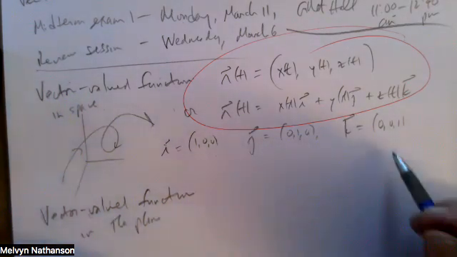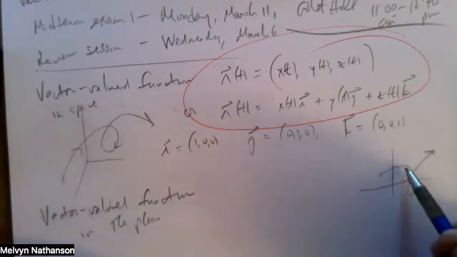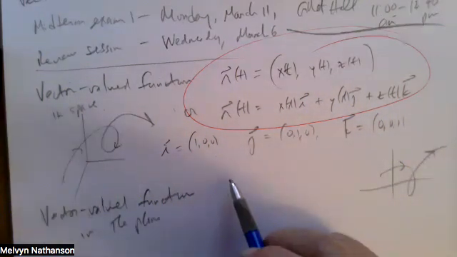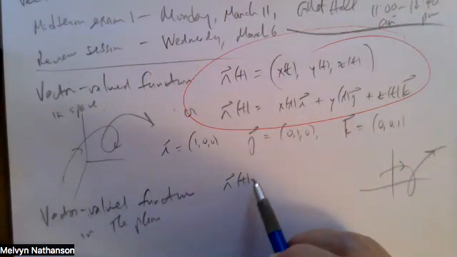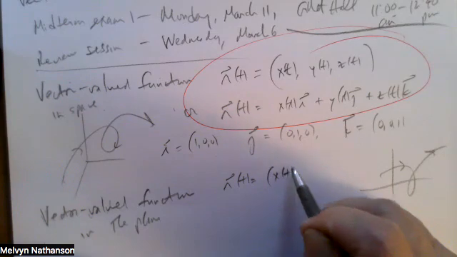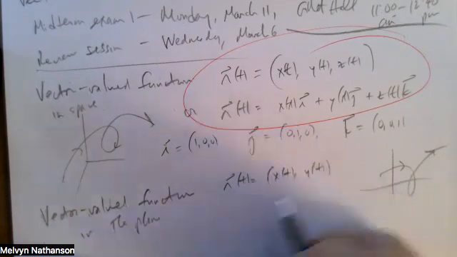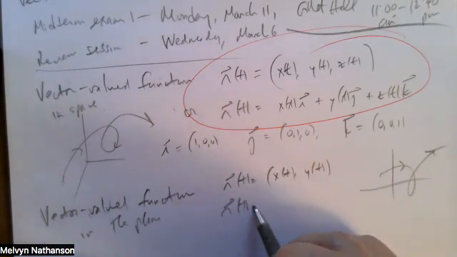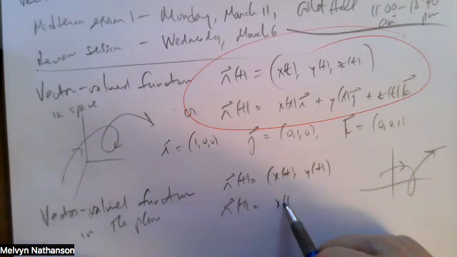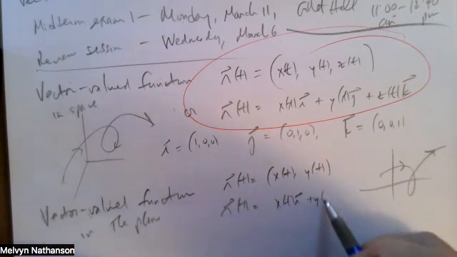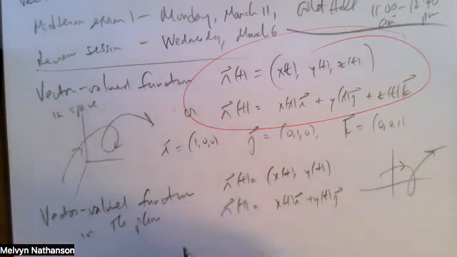It just has 2 coordinates. You still have your particle moving around, and R of t can be written as either x of t, y of t, or R of t is equal to x of t i plus y of t j. Right, so usually we'll deal with functions in space. It's a little bit more interesting, but functions in the plane are fine also.